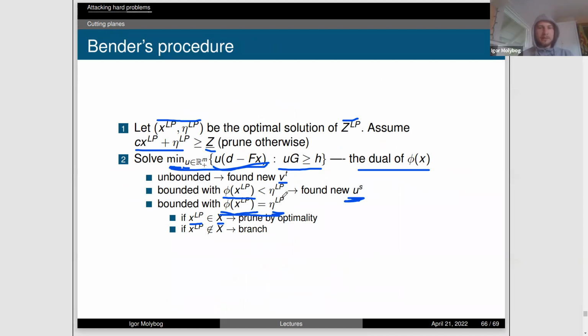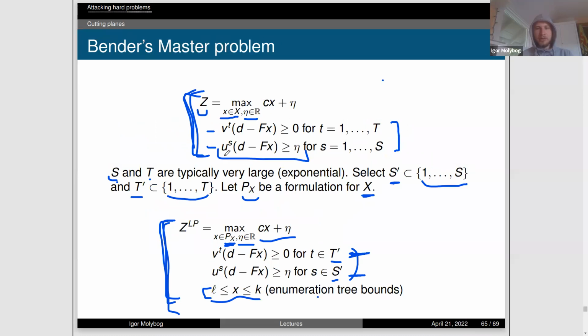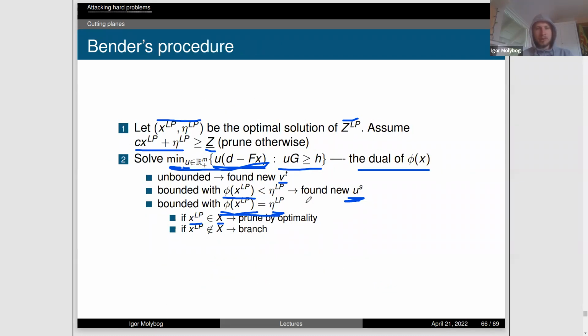The largest u, the u that corresponds to the largest value of the objective function, is the eta LP, just by the definition of the variable eta.